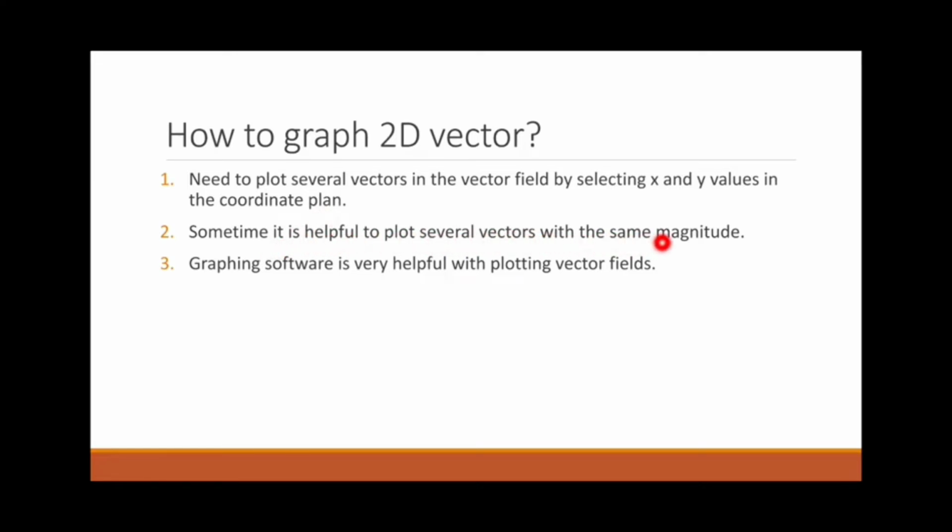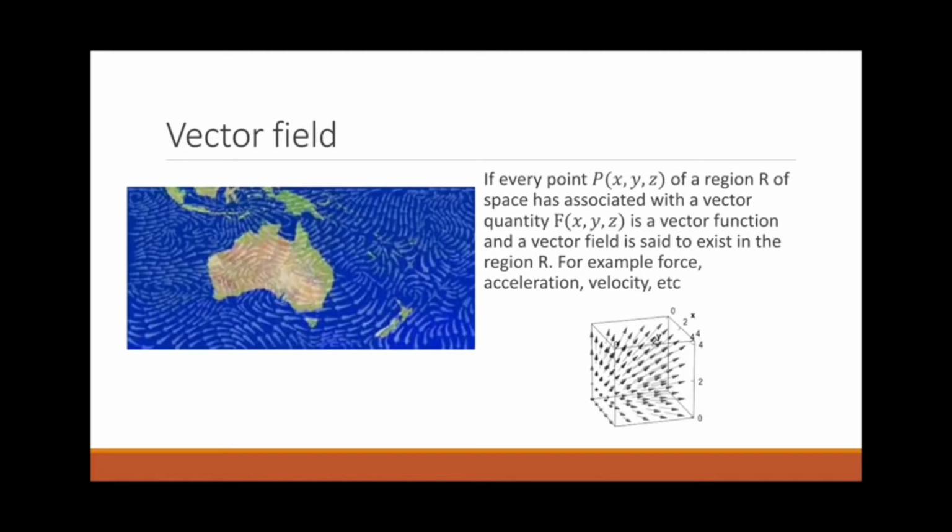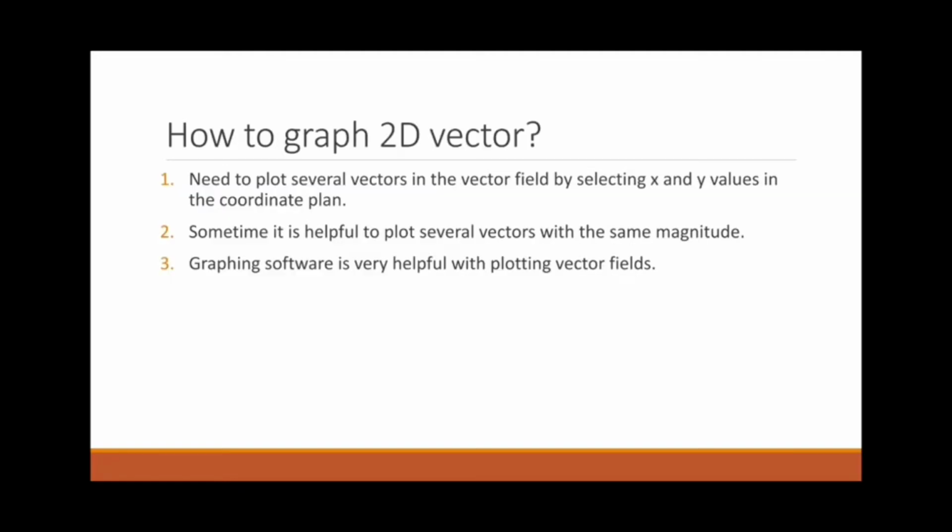Graphing software is very helpful with plotting vector fields, but in this video, I'll explain how to do it manually. If you want to use software, it is better than doing it manually.